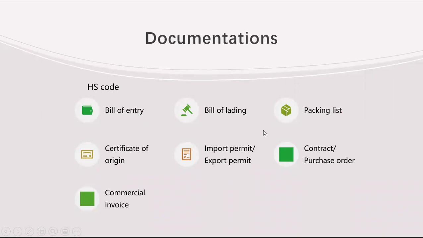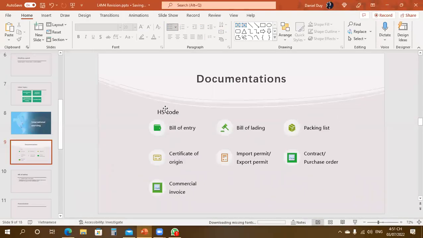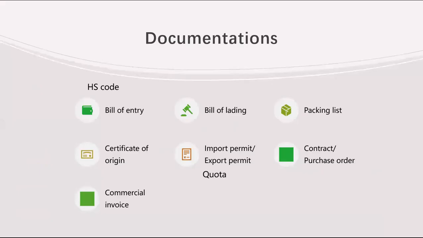Import and export permit is some kind of document that we rarely see because in a country they limit the import and export of some kinds of goods by setting quotas, and by setting some kind of import or export permit.